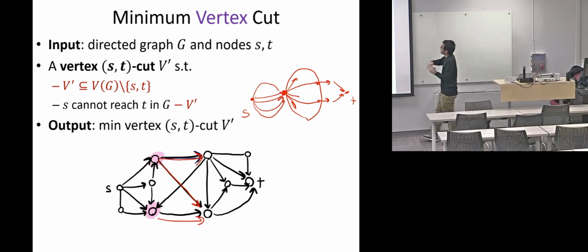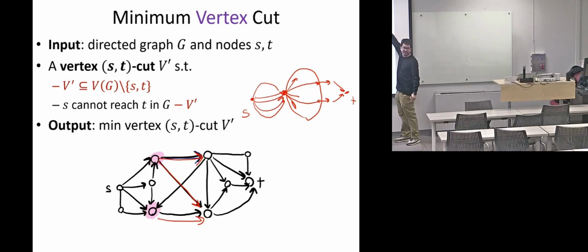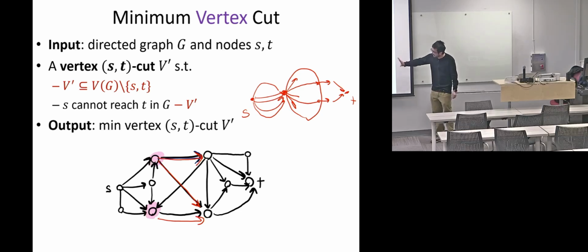This is very well connected here, and this is very well connected here. In this graph, the min edge cut is going to be these two edges. But you could actually remove just one node here. So you cannot really solve this problem just by calling min edge cut directly, but there is a way.